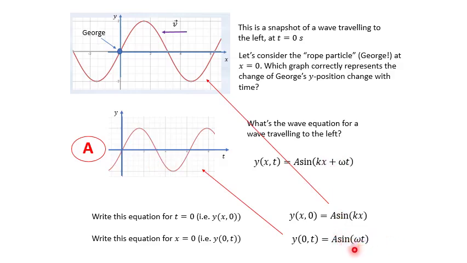If you remember from school, that's the same as minus a sine omega t. So you can check through that for yourselves for the problem a few slides back. Write out the general wave equation for a wave traveling to the right, and then get out your specific graphs for t is equal to 0, for x is equal to 0, and make sure that they correspond to the snapshot and to the motion of George.